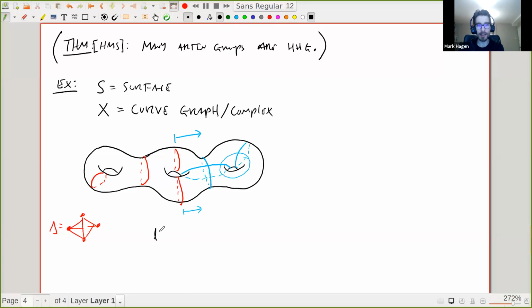So the link of delta is the curve graph of that twice punctured torus, and curve graphs are hyperbolic by a theorem of Masur and Minsky.